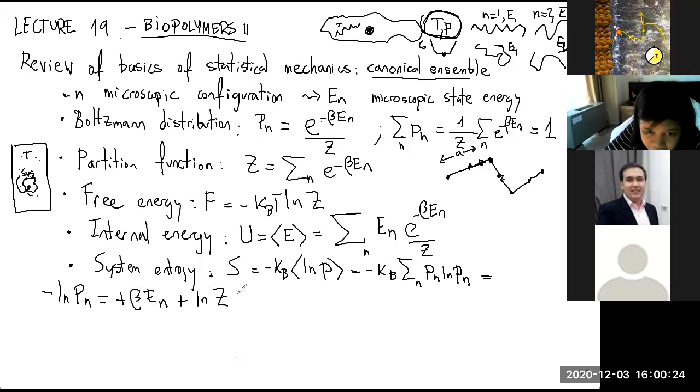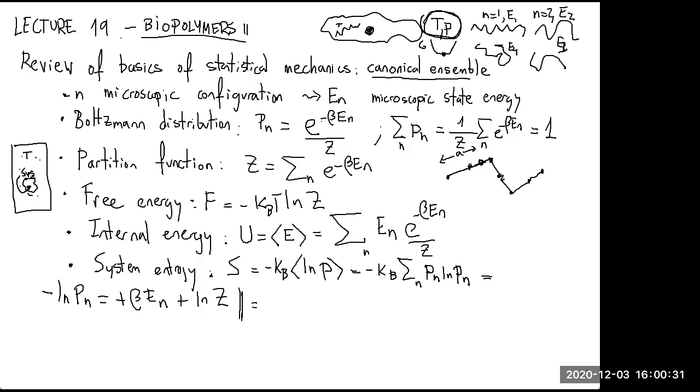So if I continue, sorry, I have a space, but there is a problem with this. Okay, that's better. So we continue. Now I use this relation. So there will be kB log Z times the sum over n of Pn, and this is equal to 1. Okay, so we have the first term.